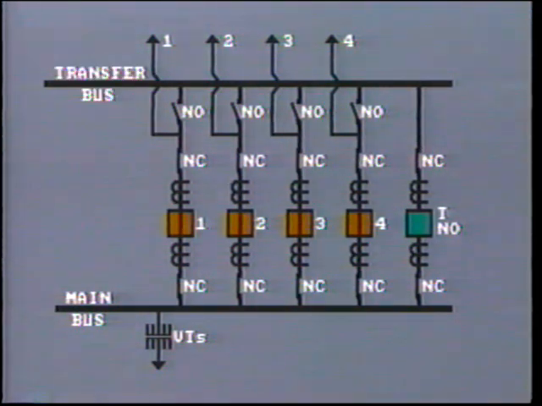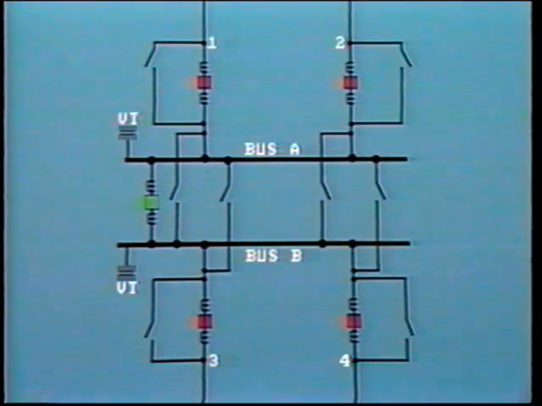Actually, the transfer bus is not a true bus in that it is never connected to more than one circuit at a time. With a true double bus arrangement like this, both buses A and B are connected to multiple circuits. The essence of this arrangement is that each circuit can be connected to either bus A or bus B, according to the selection of the circuit disconnects.